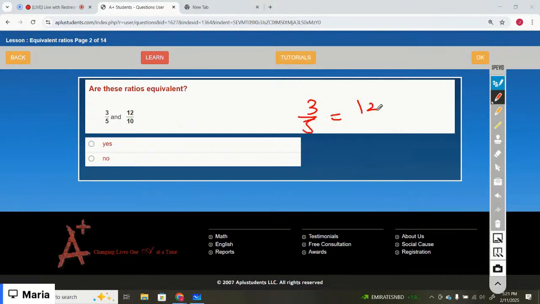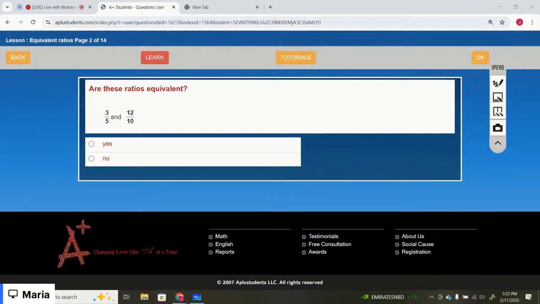Just cross multiply. 10 times 3 and 12 times 5. 10 times 3 is 30 and 12 times 5 is 60. So no, they are not equivalent. The correct option is no.